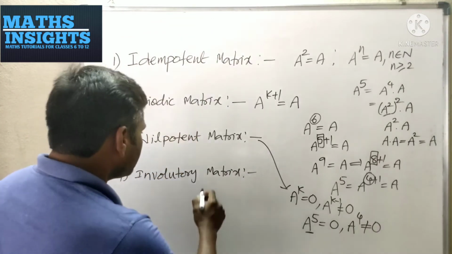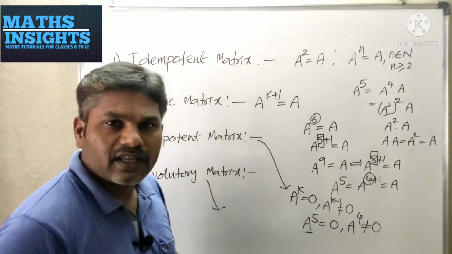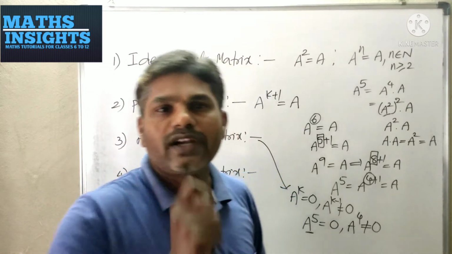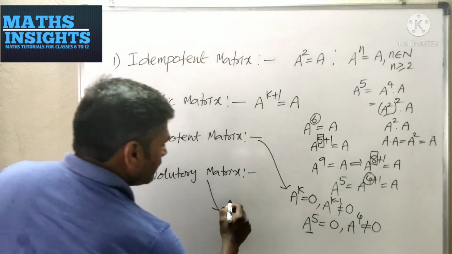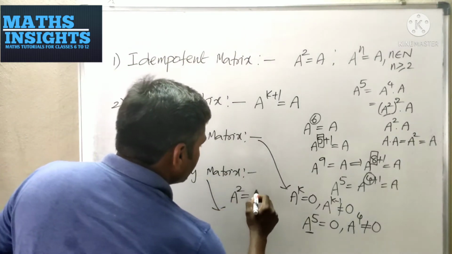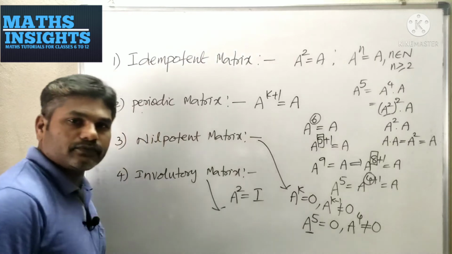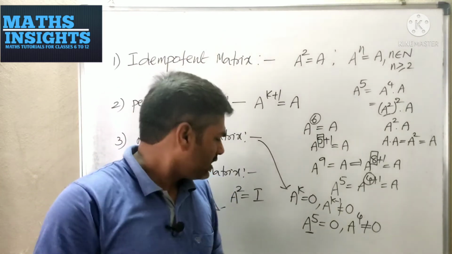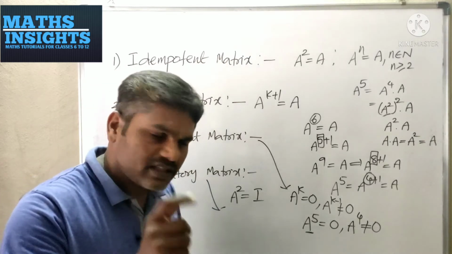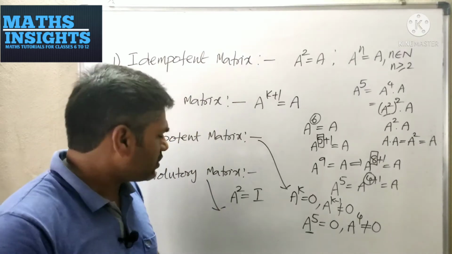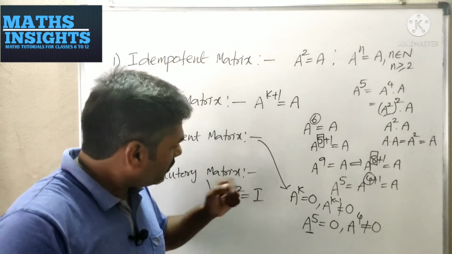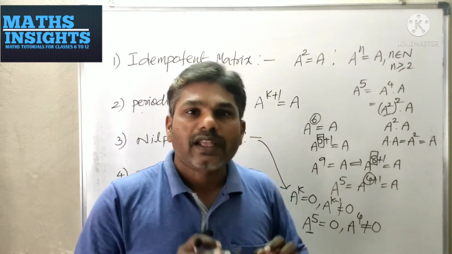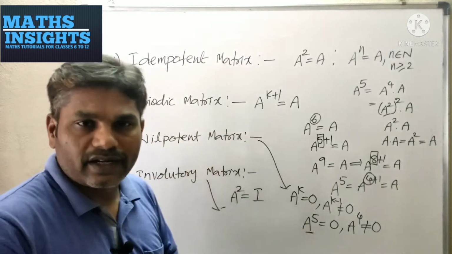The last one is involutory matrix. A square matrix, let A, is said to be involutory matrix if it satisfies the condition A square is equal to I, where I is the identity matrix and A is any square matrix. If you do multiplication 2 times the same, if you are getting the same identity matrix, then that A is said to be involutory matrix.